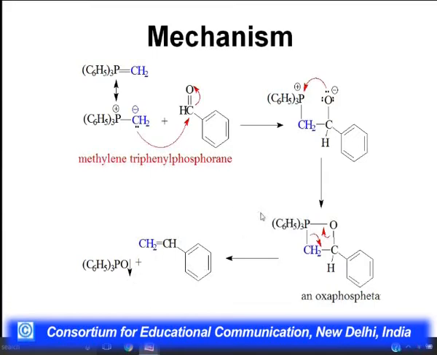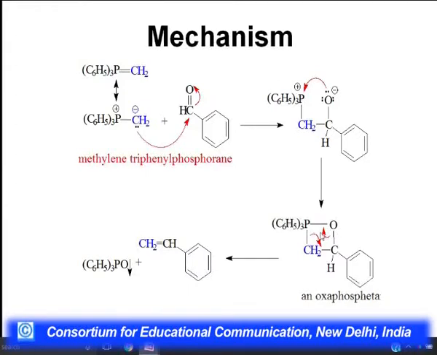How this bond cleavage takes place is that this oxygen is more electronegative as compared to this carbon, and this carbon here is more electronegative as compared to phosphorus. So this oxygen pulls the electrons towards itself, resulting in a double bond between phosphorus and oxygen, and the bond cleaves from here, resulting in formation of triphenyl phosphine oxide.